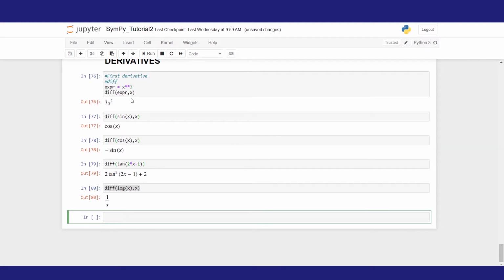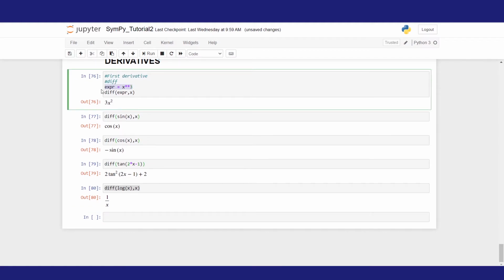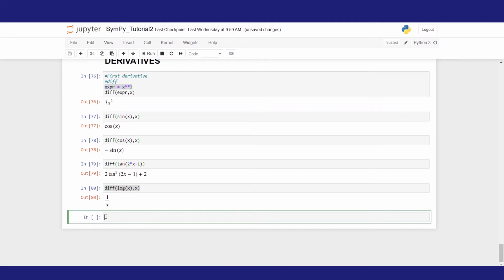I'll just bring back my expression right here, the expression x power 3, and then let's say we wanted to find the derivative of that expression, maybe 4 times or 3 times. 3 times, then I have x.